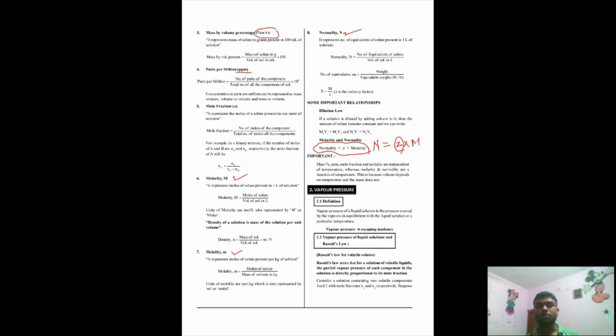Say you have to convert 0.1 normal H2SO4, converting this normality into molarity, then what we would do is M is equal to N by Z, where Z would be 2. Why 2? Because the basicity of this acid is 2. I hope you all know this.